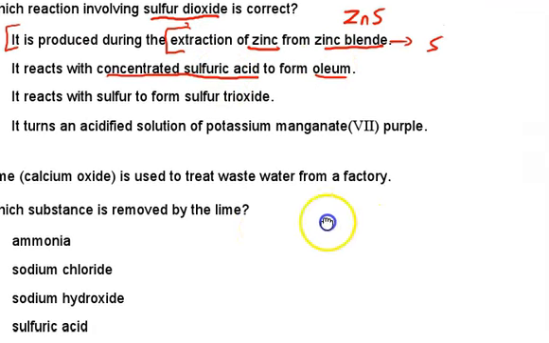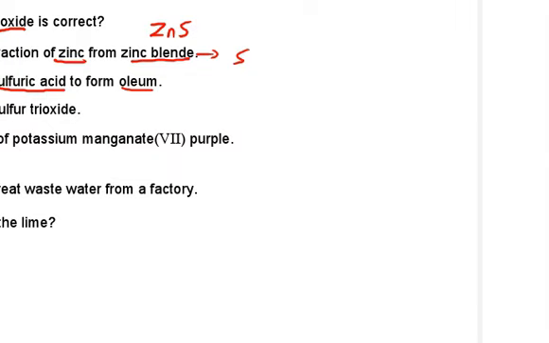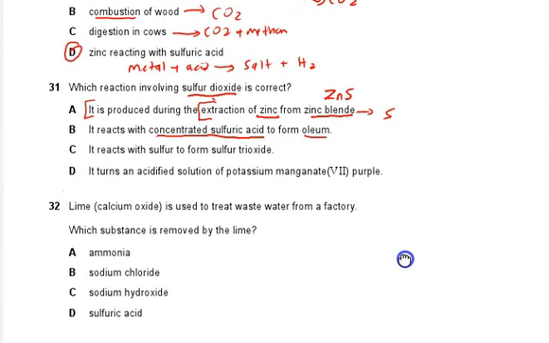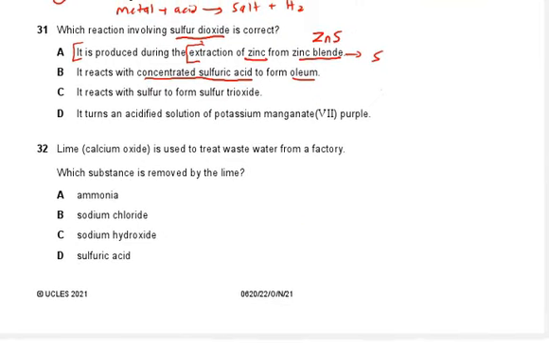Okay, during the contact process, you will have sulfur dioxide, supposed to be sulfur trioxide, plus sulfuric acid to form oleum.